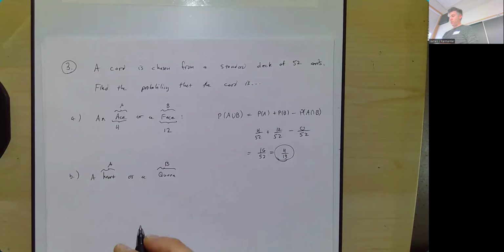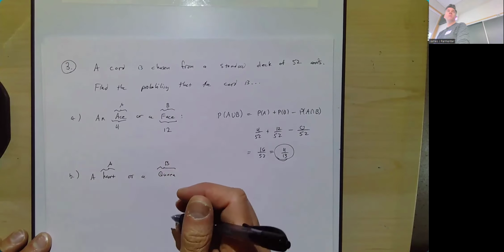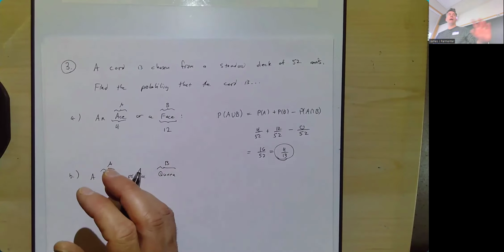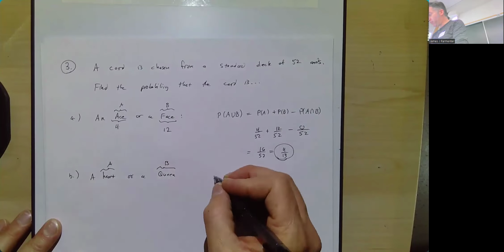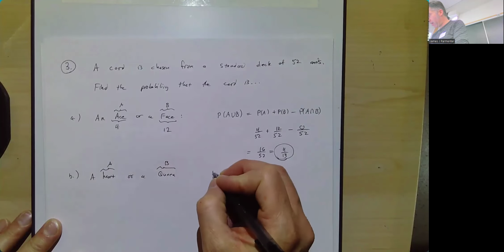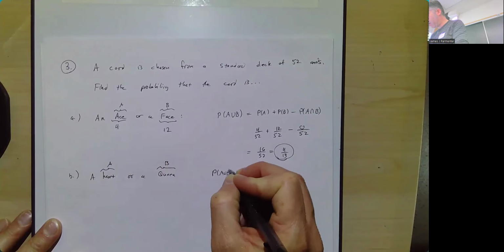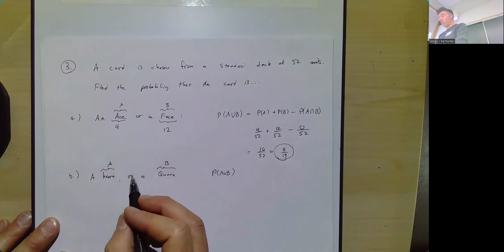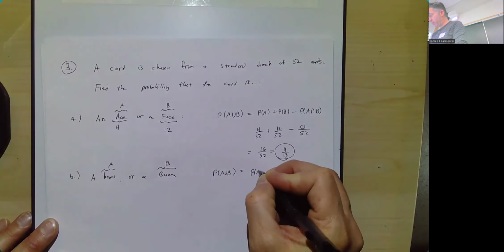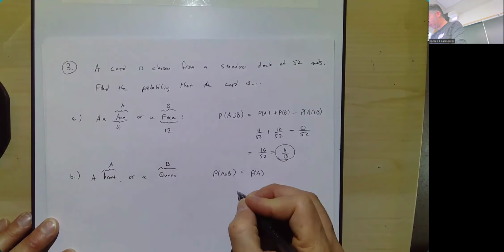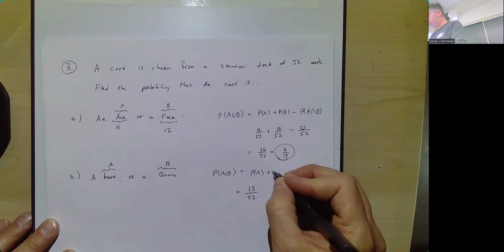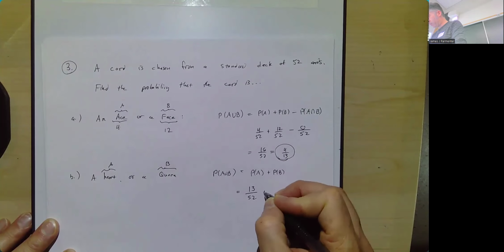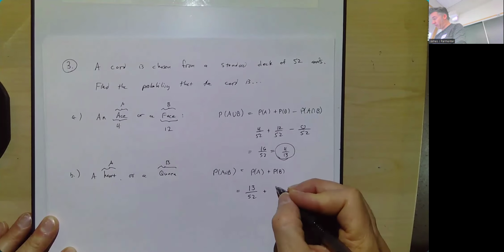How many queens are there? Right. No, well, I didn't say how many queens are there that aren't hearts. I just said how many queens are there. Right. So the probability of A union B here, getting a heart or a queen, is the probability of A, which you all just told me was 13 ways of getting a heart out of 52, plus the probability of B, which is the probability of getting a queen, which is 4 out of 52.